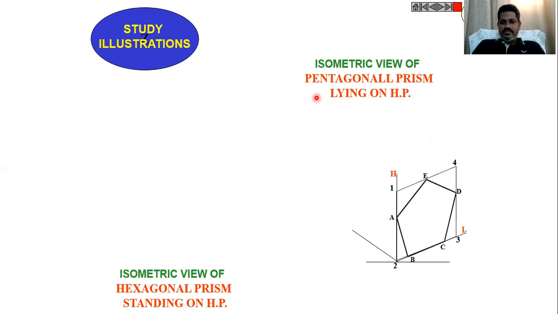Then if it is a pyramid, the base shape can be circular, can be pentagon, can be hexagon, but in the case of pyramids, we have an apex. And similarly, in the case of cone also, we have an apex. In the case of pyramids and cones, we have an apex.